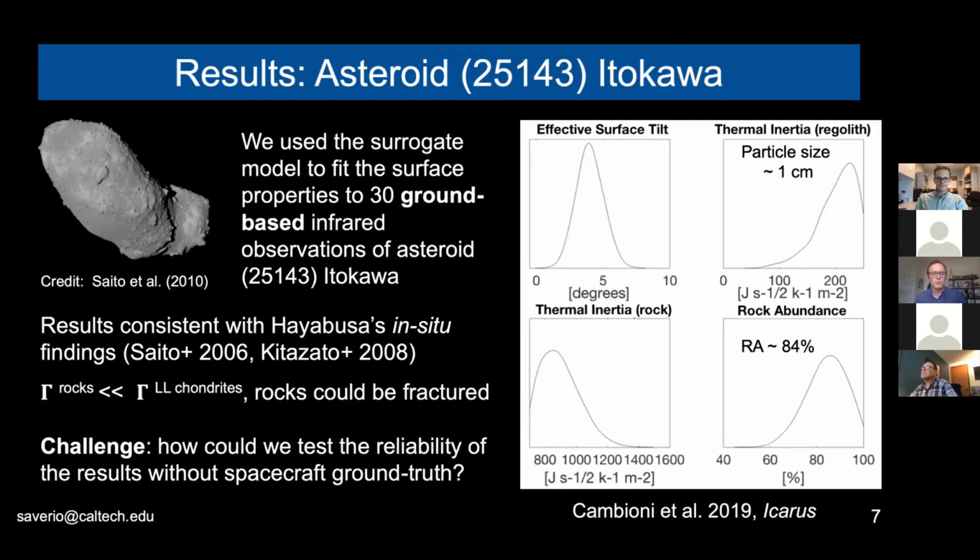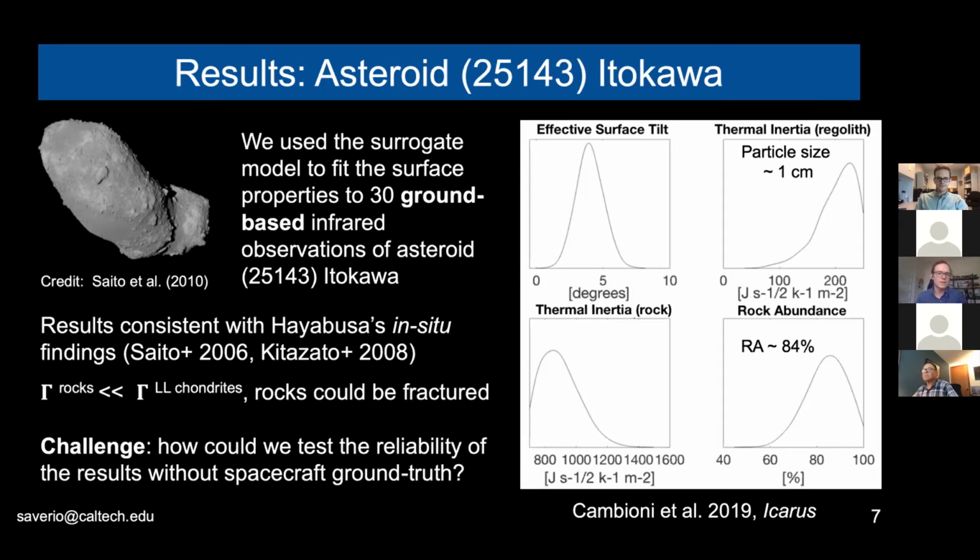On top of that, we also find that the rock thermal inertia is lower than what you would expect, given the meteorite analog for Itokawa, like chondrites, indicating that rocks could be fractured. Now here the challenge was with the machine learning algorithm. It's great that it can provide insights that were not available before.